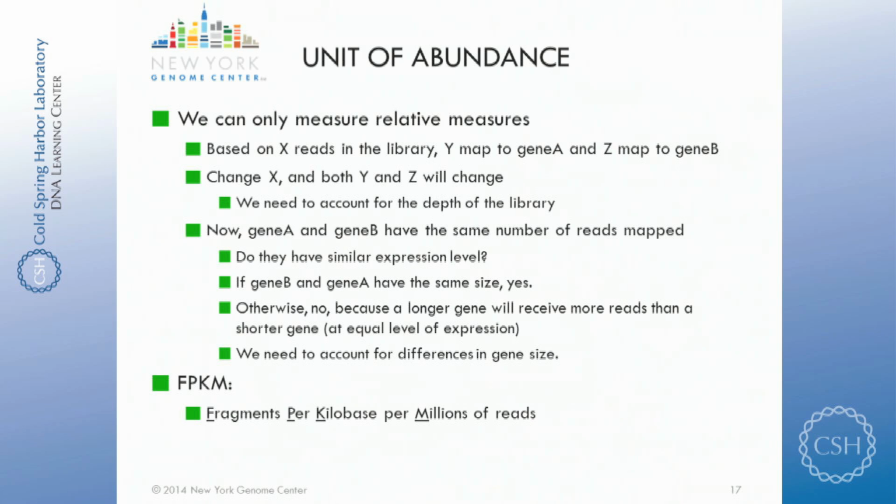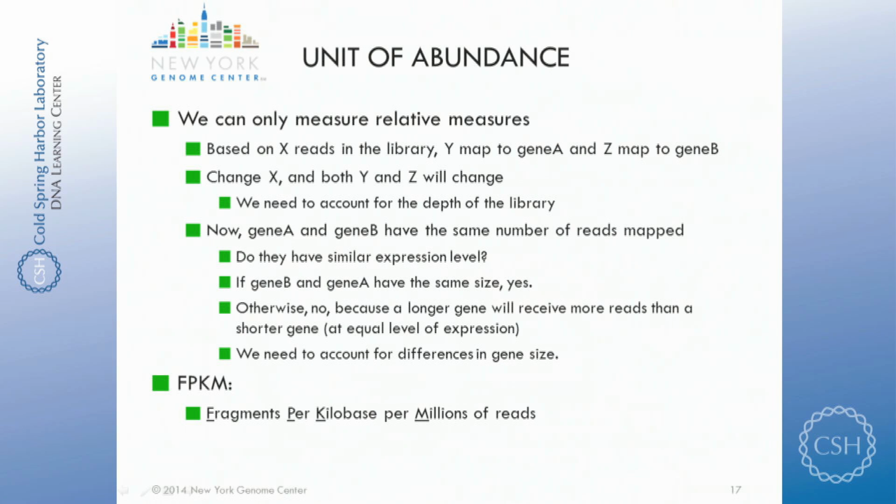So in order to summarize the quantification, we need to talk a little bit about the unit, like what do we measure and how do we represent this estimation. One thing to really realize when we do a sequencing experiment is that everything we measure is relative, okay? Everything is based on X number of reads in the library, Y mapped to gene A and Z mapped to gene B, okay?